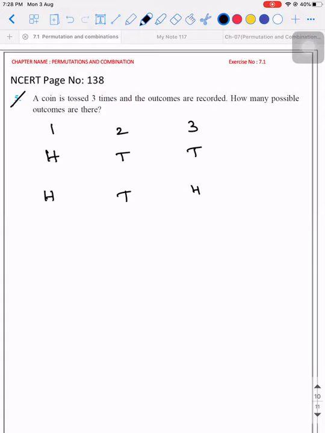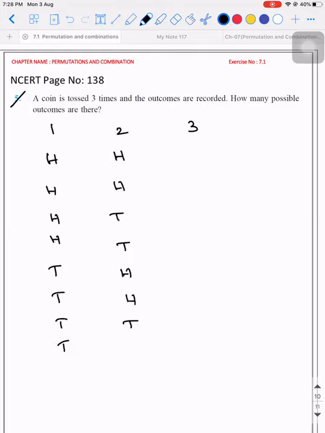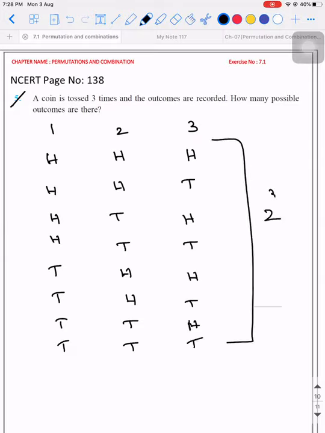If you keep writing the combinations like this, then look at the answer. 4 times head, 4 times tail, 2 times head, 2 times tail, 2 times head, 2 times tail, 1 head, 1 tail, 1 head, 1 tail, 1 head, 1 tail. These are all the possible outcomes, which is nothing but 2 power 3. The answer is 8.